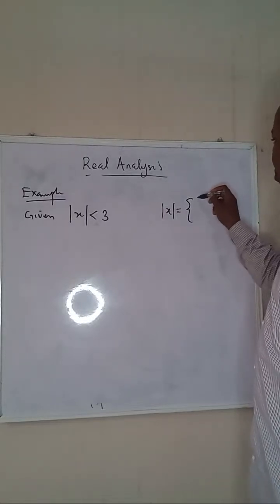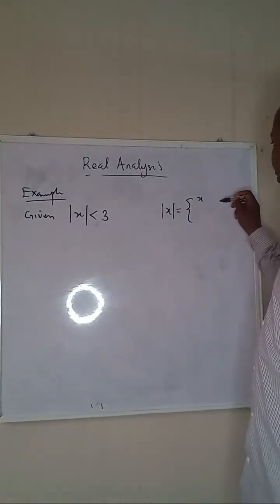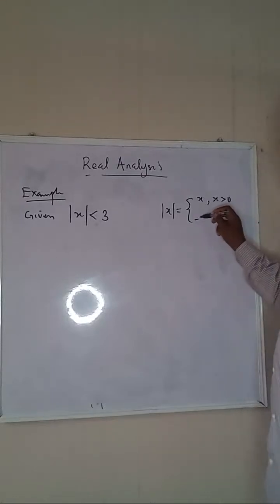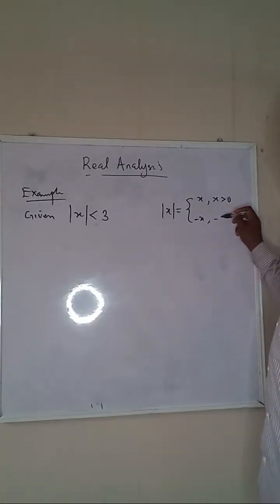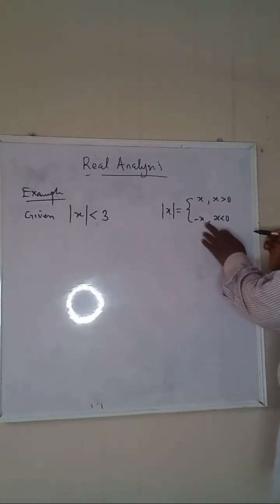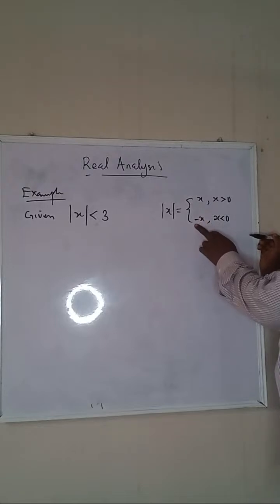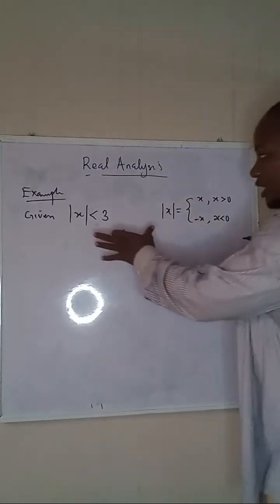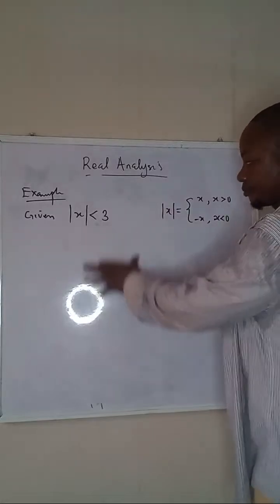this can be positive if x is positive, and it's negative x if x is negative. If x is negative, so if this is minus x, it means x is negative. Now let us interpret this in terms of what we have here.